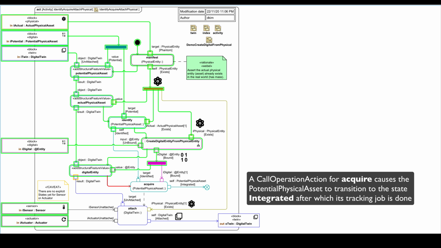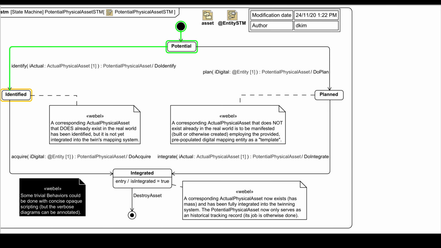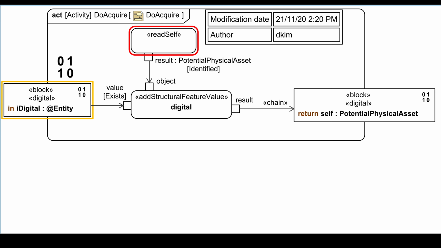A call operation action for acquire causes the potential physical asset to transition to the state integrated, after which its tracking job is done. Here we see the doAcquire effect behavior, which simply sets the property digital to be the digital mapping entity.